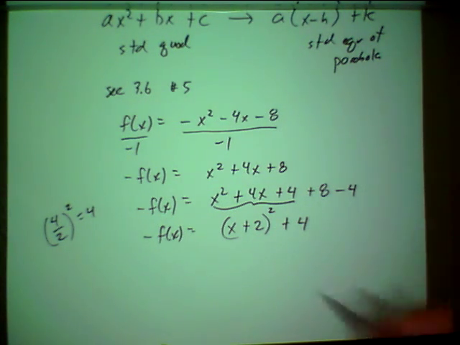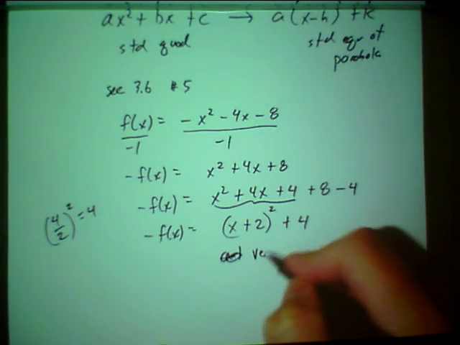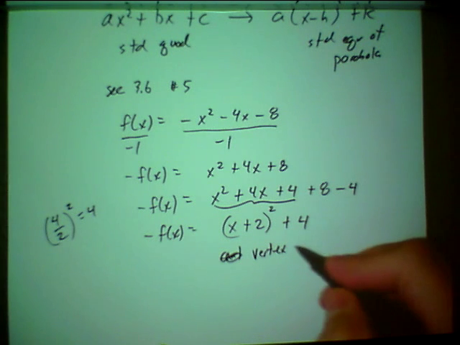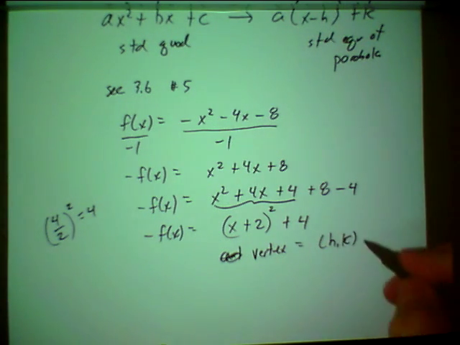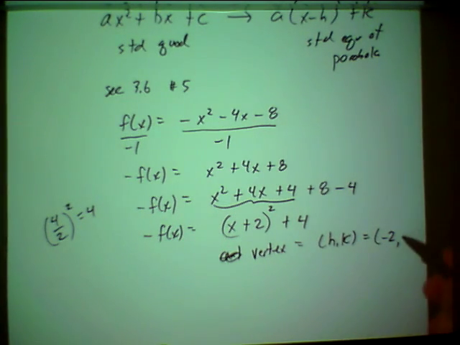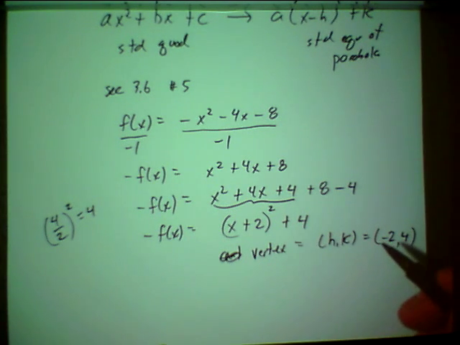And a lot of times they will ask you for the center, or they mean the vertex of the parabola. Of course, we know the vertex is (h, k). So in our case, h would be -2, k would be 4, and that's usually what they ask for, just the vertex.